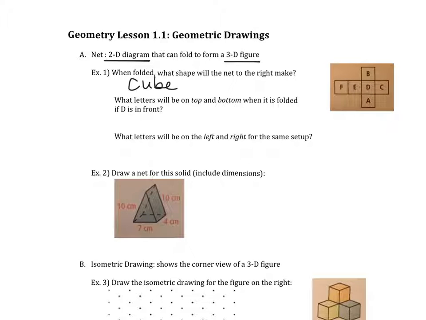Whatever's right below that, when folded, would be my bottom, okay? So A and B would be your top and bottom. Okay, and then what letters would be on the left and right in that same setup? E and C, right? This one here, this one here, okay?